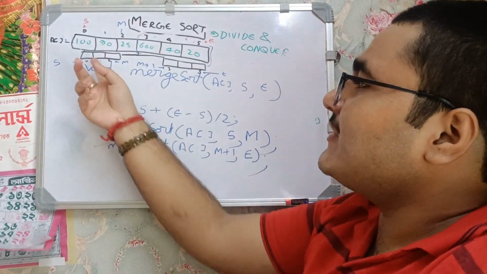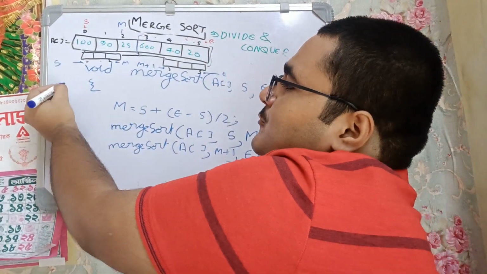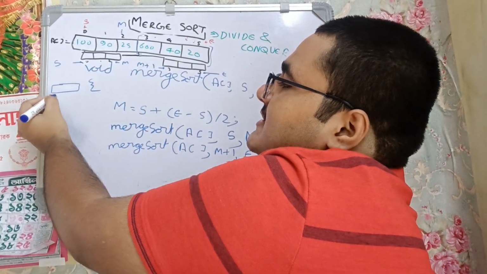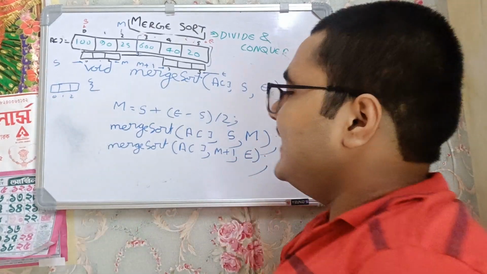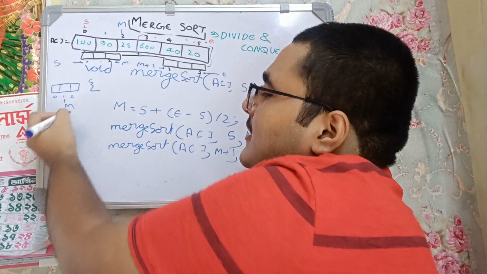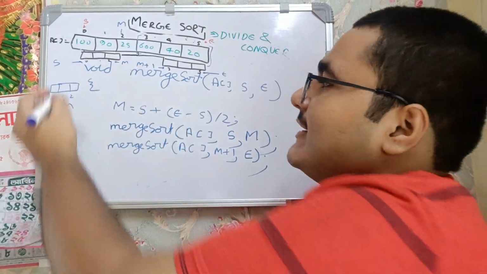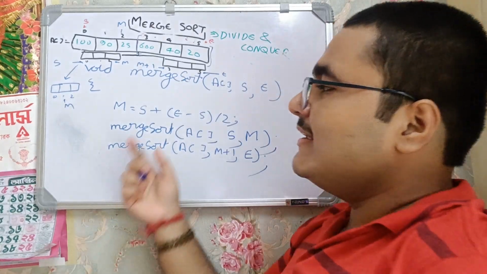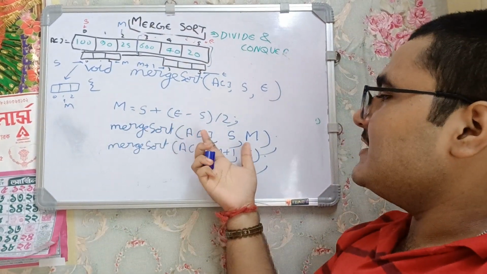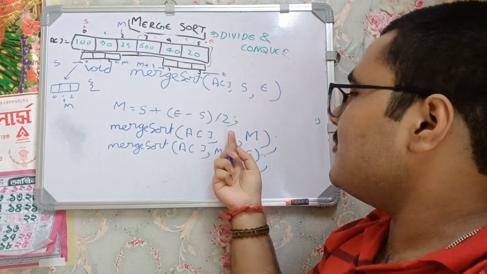So suppose after this is working again. If I talk about this small portion 0 1 2, again see, for this what is the mid? 1 is the mid. So as per my condition, if I am talking about the left half, okay, I am redrawing it here, the left part, as per the condition for the left half, the array remains as it is, but the range now becomes start.